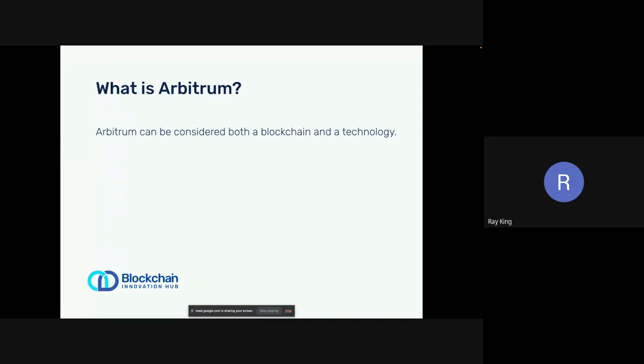So we need to understand that Arbitrum can be considered as both a technology and also a blockchain. Now, that's the first key aspect you need to understand about Arbitrum.